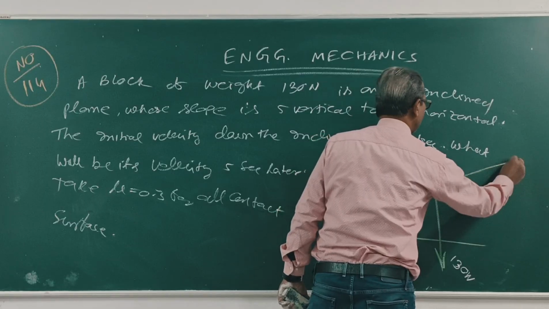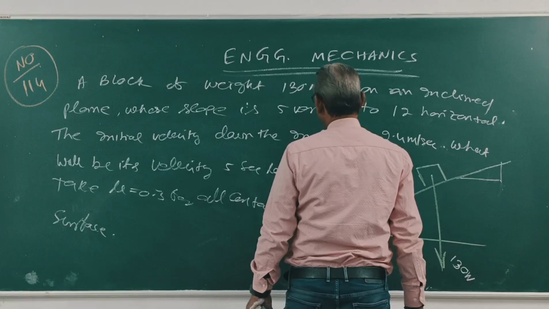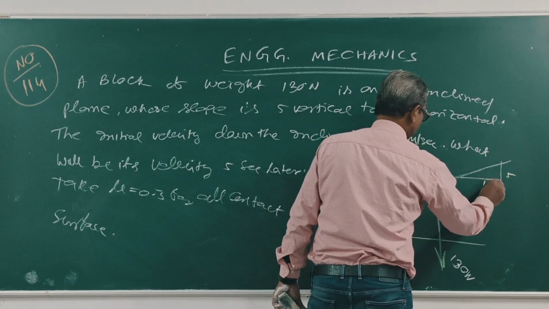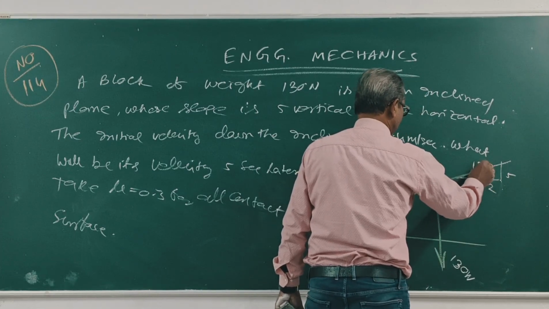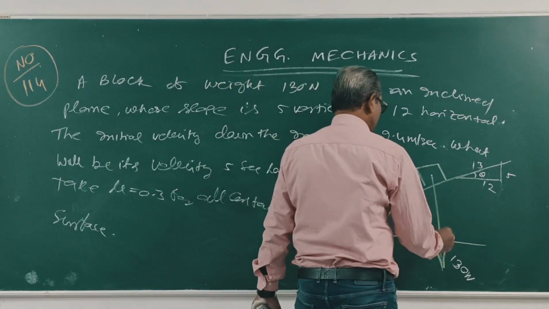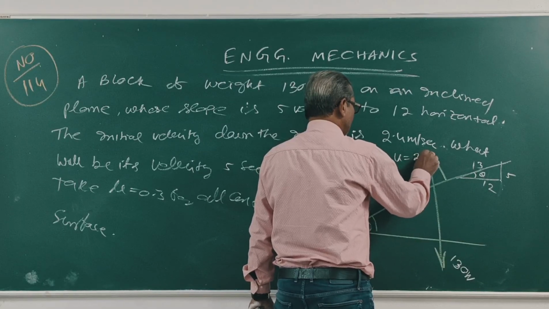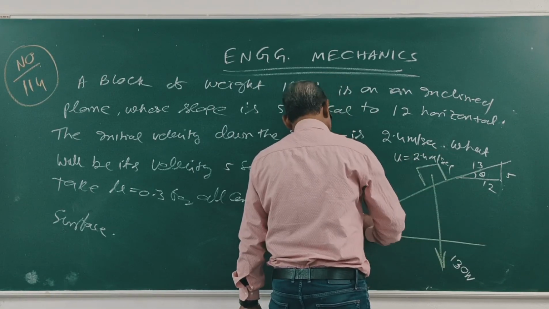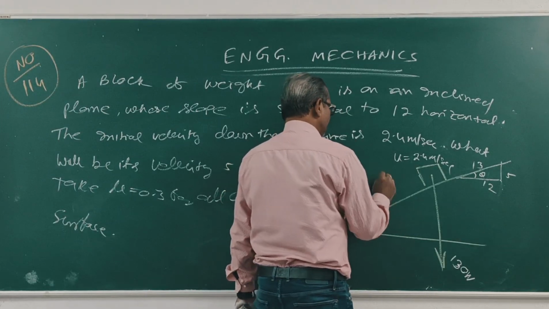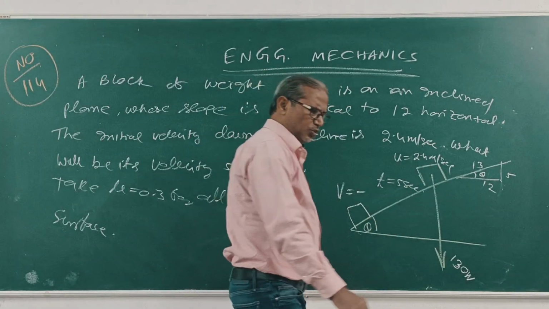The slope is 5 vertical to 12 horizontal, so 5, 12, and this is 13, since 5 square plus 12 square is 13 square. The block has initial velocity U equal to 2.4 meter per second, and we want its velocity V after 5 seconds. T is equal to 5 seconds. This is the question.